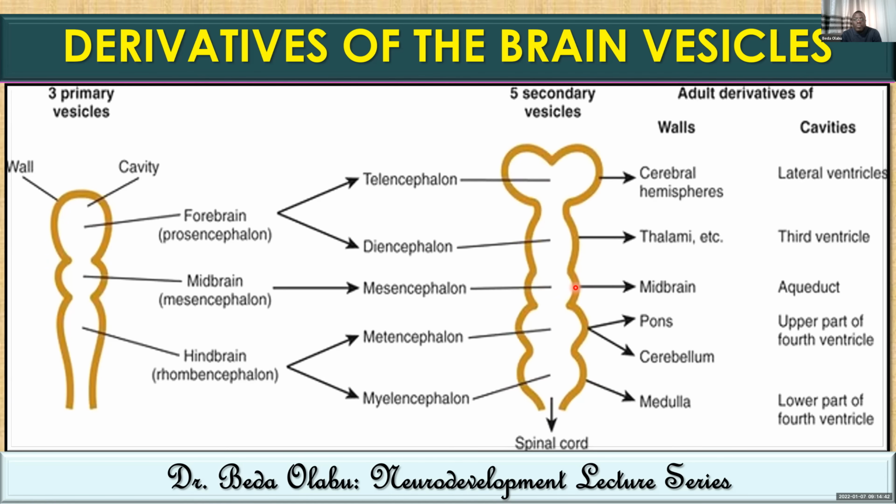And remember, alar plate gives rise to sensory nuclei, and that also happens in the midbrain. And basal plate gives rise to the motor nuclei, that also happens in the midbrain. So midbrain and spinal cord share a lot of similarity in terms of development.